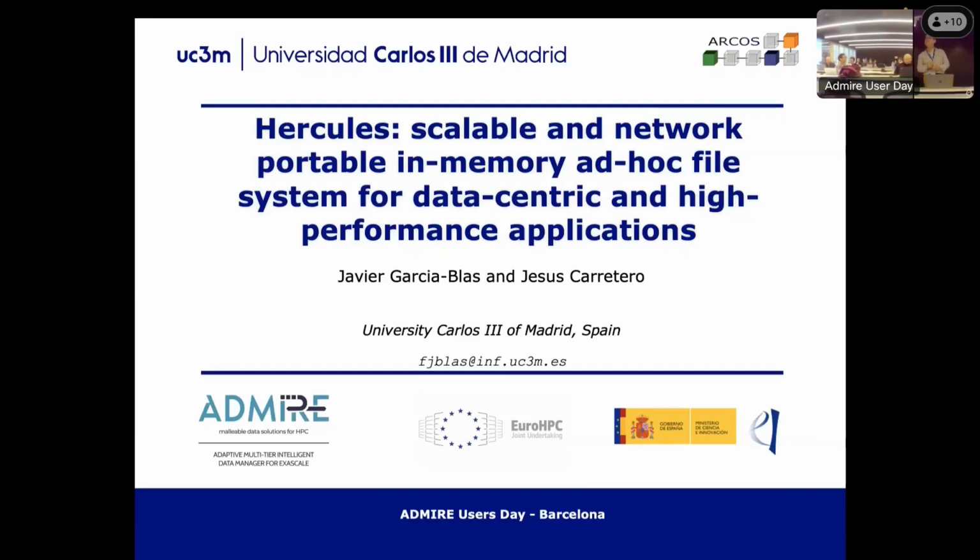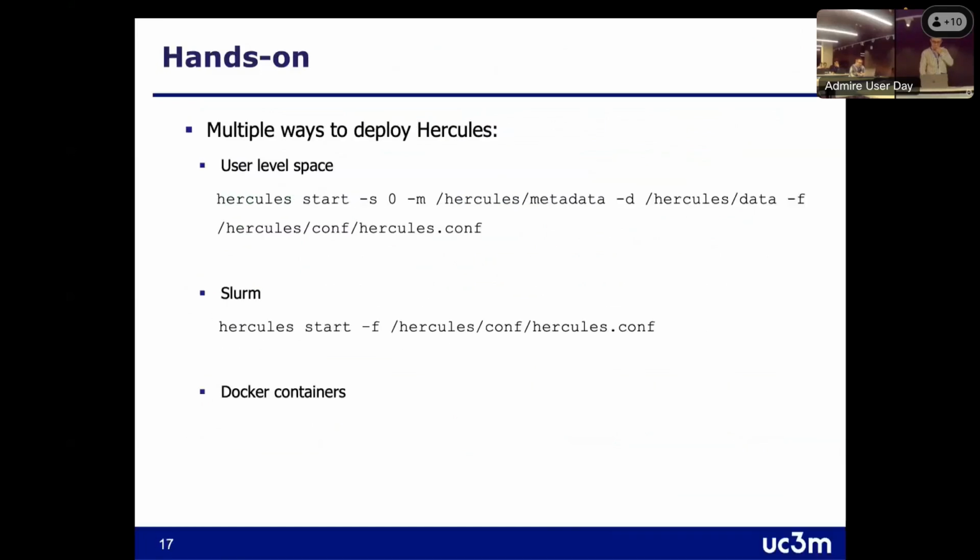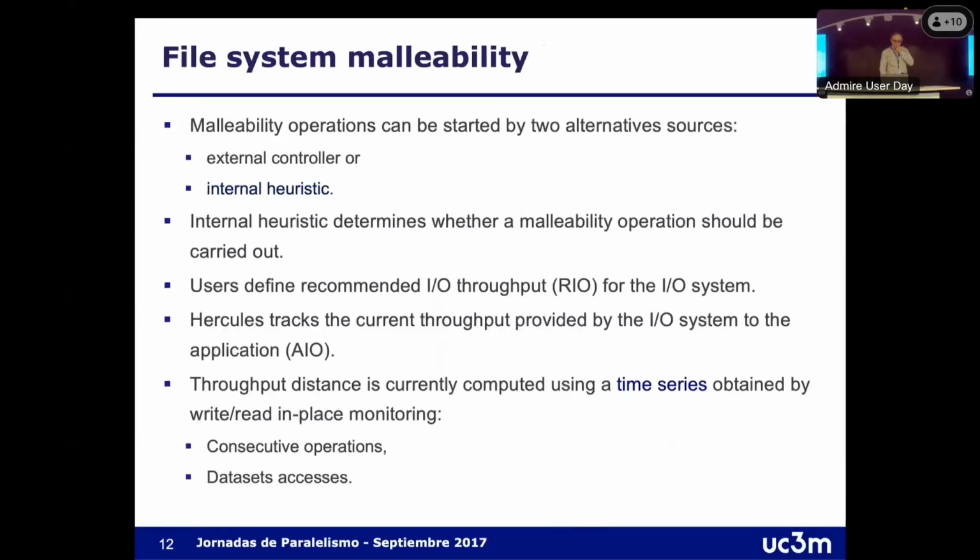There's one question in the chat: are there special commands for expand and shrink? In the file system, you mean? Yes. In the file system right now, we have two ways of controlling the malleability for expand and shrink.